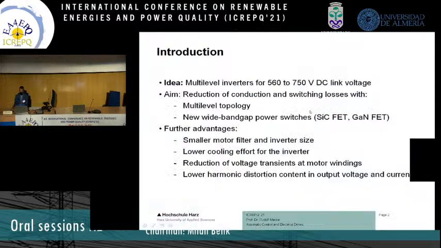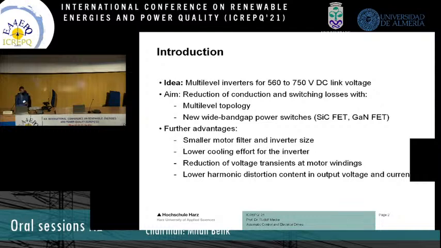Let me start with a motivation for this work. Multi-level inverters are established for high voltage applications. The new idea is to extend the application to the lower voltage range, that means between 560 and 750 volts.